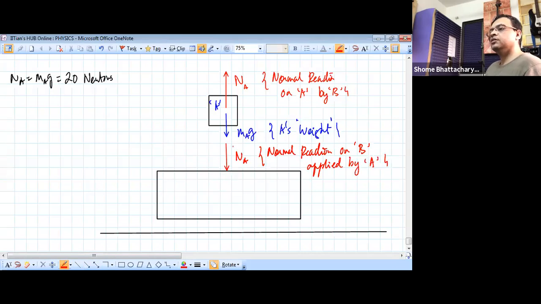So its direction is opposite. You can see this one and this one are an action-reaction pair, but its magnitude will be the same as this, 20 newtons. Okay. Whereas of course B has its own weight. So ground is pulling it down with a weight.